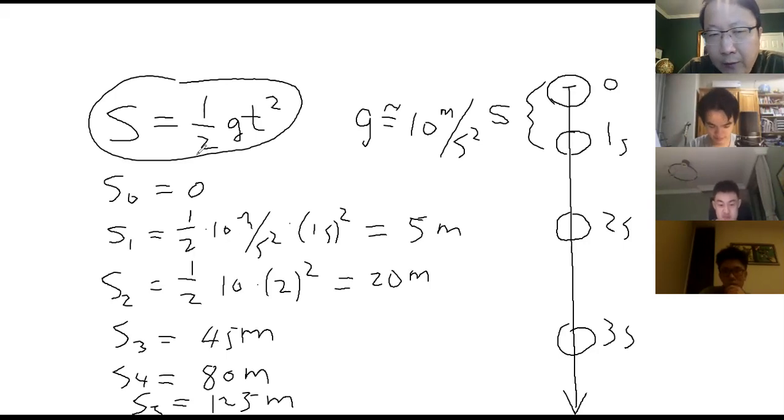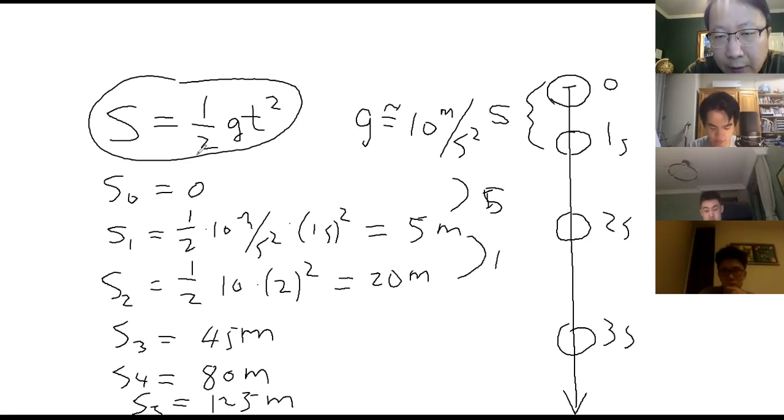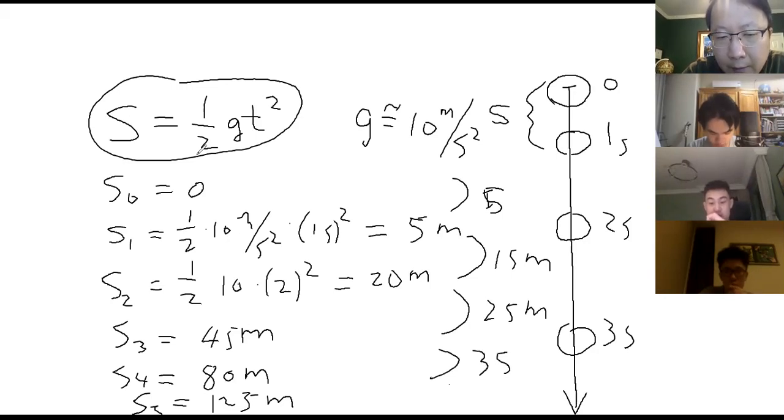So basically, you will see that if we use 1 second as the interval, in the first second this ball, the tennis ball, traveled 5 meters. The second second it traveled 15 meters, right? The third second traveled 25 meters, the fourth traveled 35, and the fifth second traveled 45 meters.